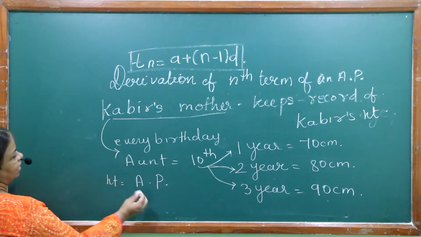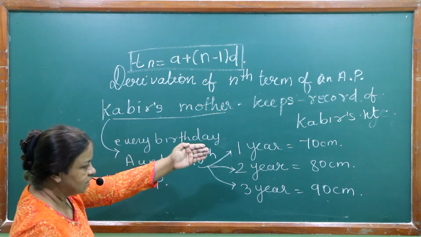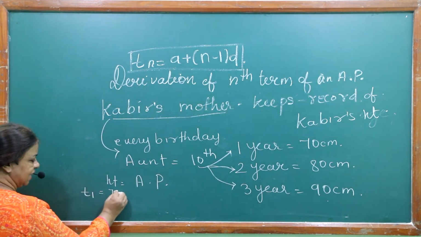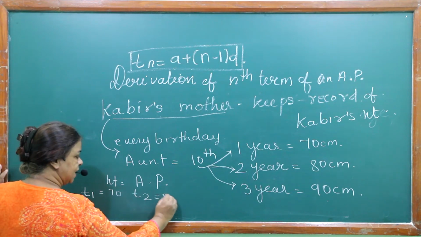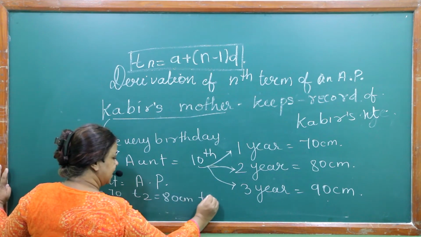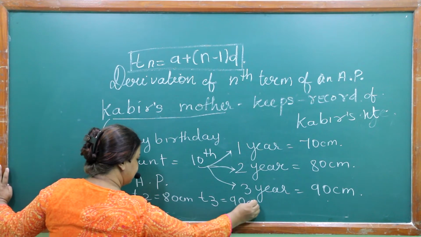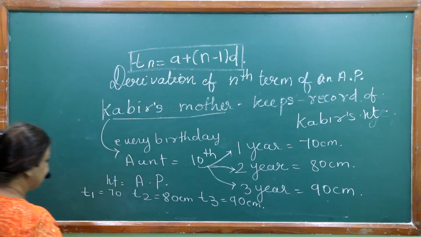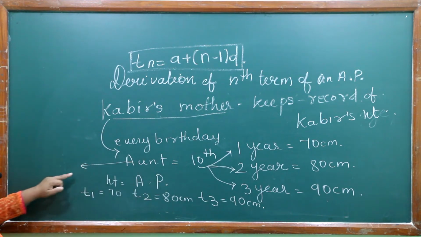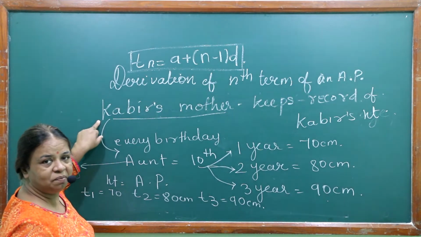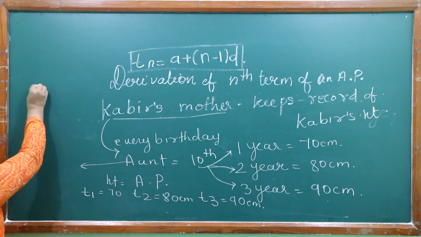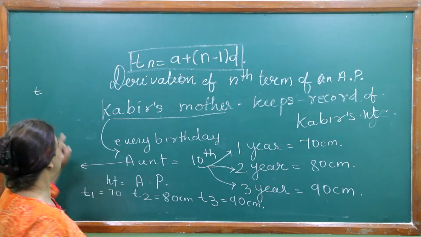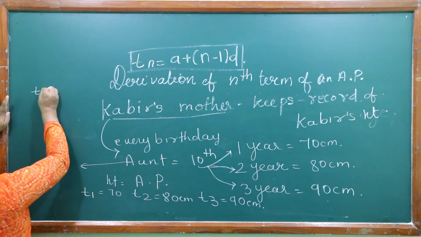That means if I want to write down the record of the height, T1 will be 70, T2 will be 80, and T3 will be 90 centimeter. Out of curiosity, she said, I can tell the height of Kabir when he will be 15 years of age.